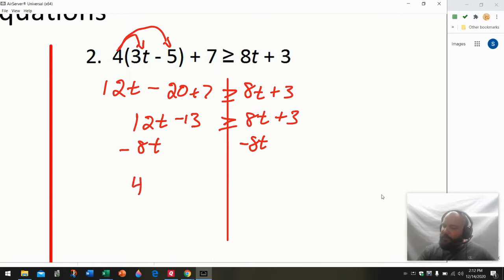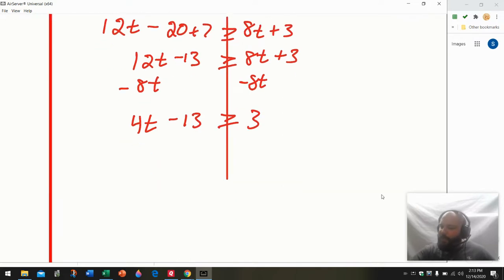And I'm going to get 4t minus 13 is greater than or equal to 3. Now, you can still see that this t has two things happening to it. It has this 4 and it has this negative 13. We need to undo both of those. We're going to get rid of the 13 first by adding 13 to both sides.